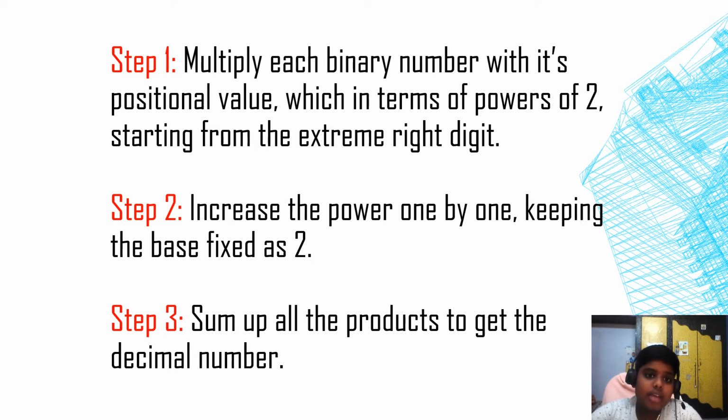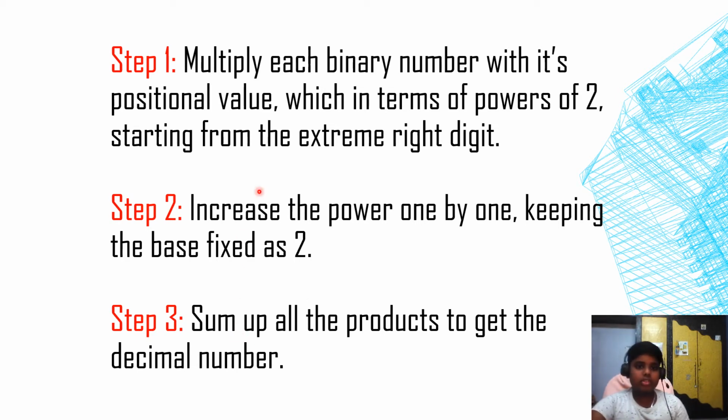You have to do the same here. You increase the power by 1 each time: power of 1, power of 2, power of 3. But here instead of 10 you will use 2, and then you have to sum up all the products.